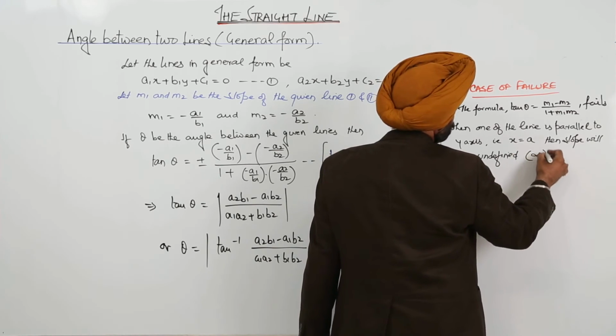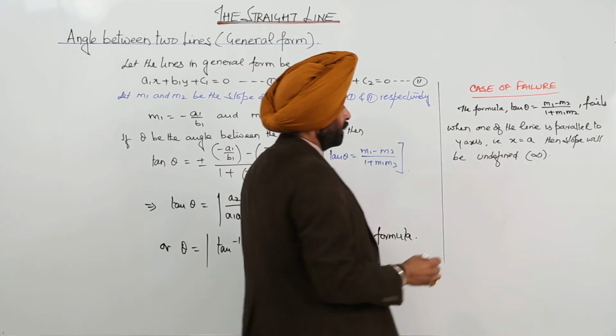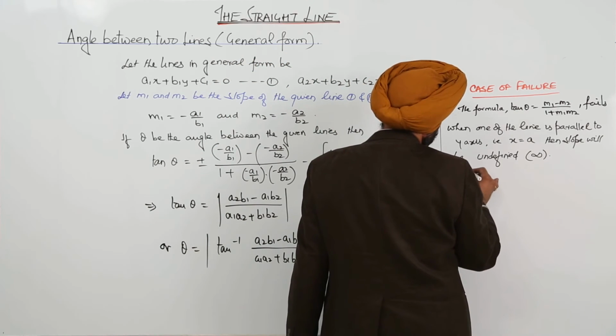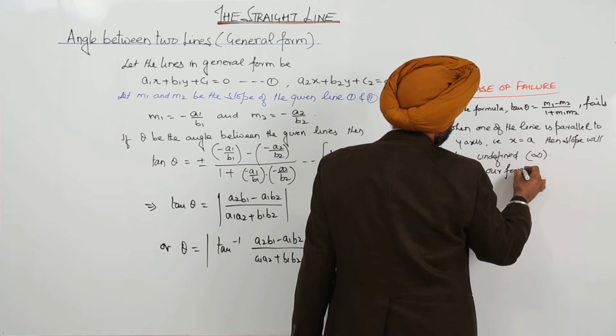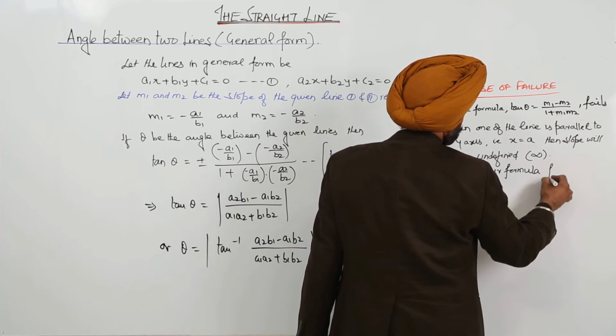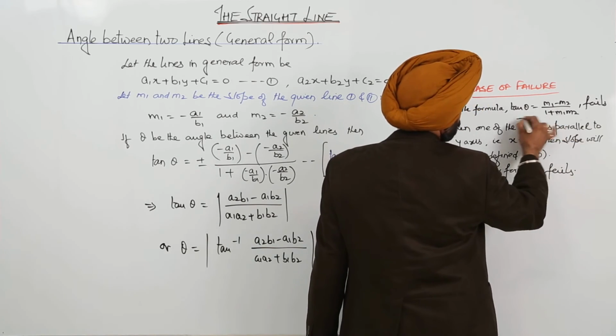Normally we use this symbol for it. Then the slope will be undefined. Here our formula fails. Which formula? This formula.